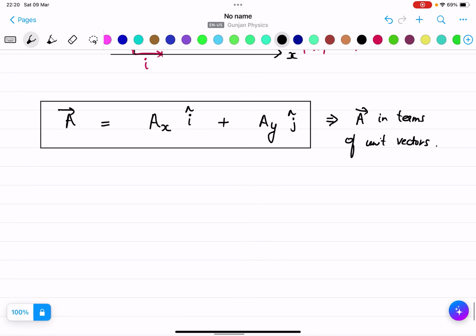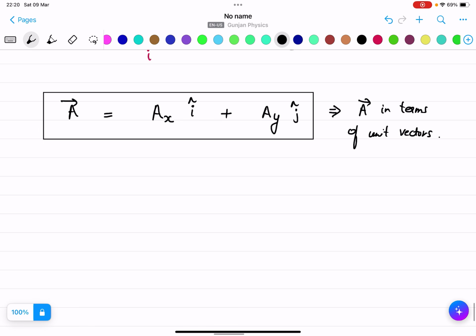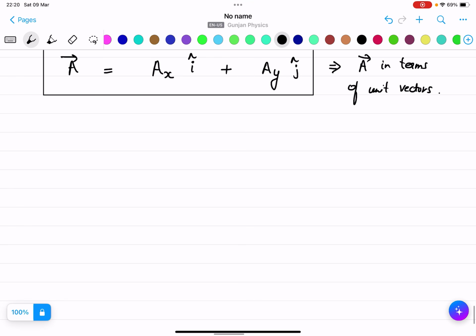Now if we need to represent r, the position vector, how do we denote it? Look again, this is my y-axis, this is my x-axis.